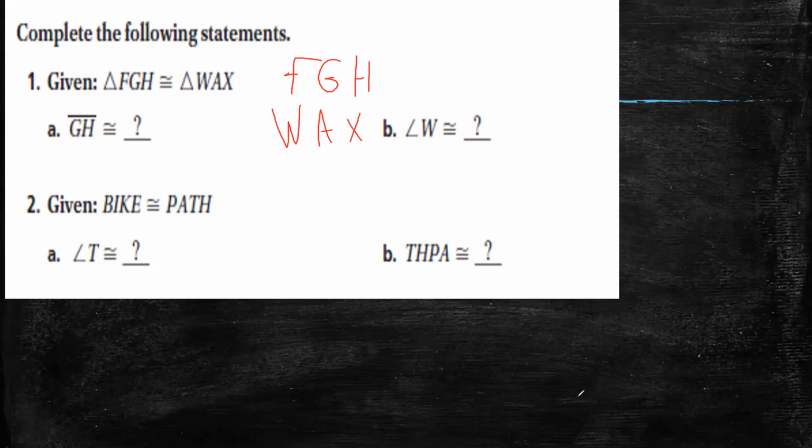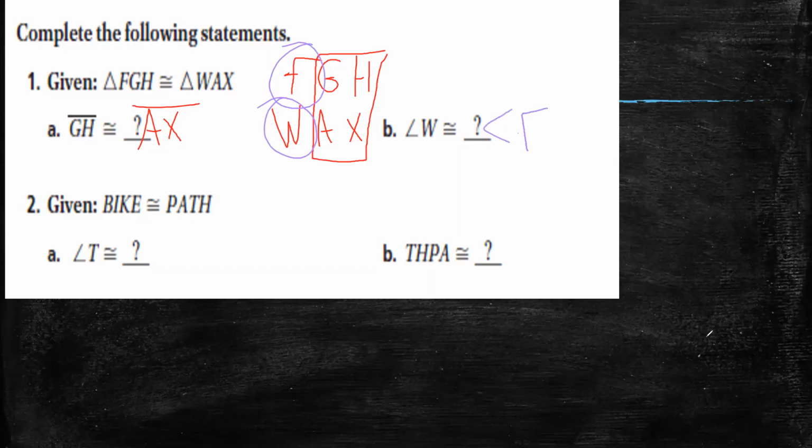So GH corresponds to AX. So I will say now the line segment GH corresponds to AX, and angle W corresponds to angle F.